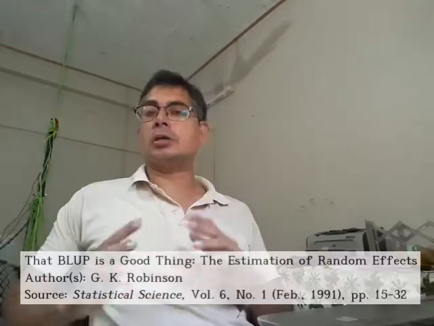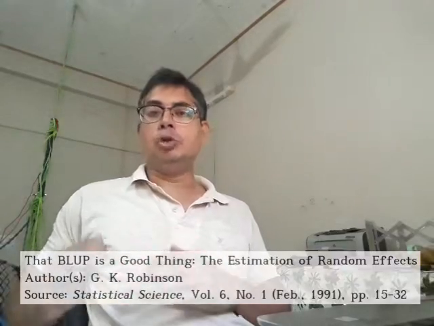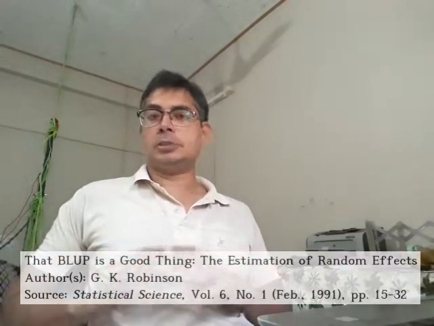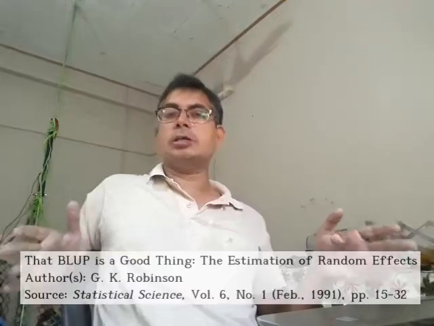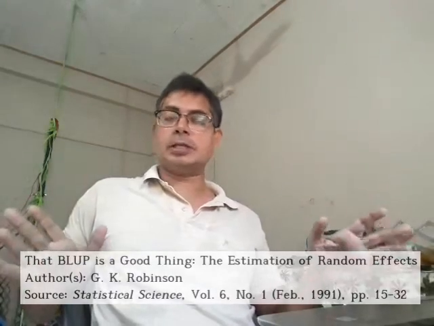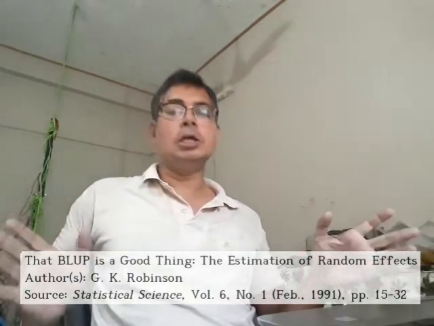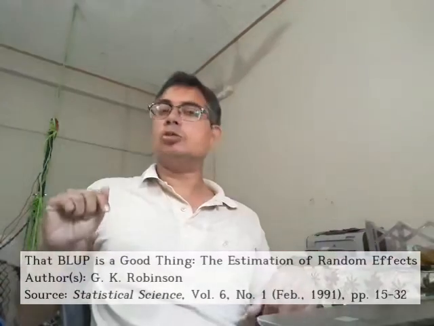I shall provide a link to this paper from our class web page. It is a pretty readable paper. The content of this paper is not part of the syllabus, but if you want to learn more about BLUPs, this is a good place to look.